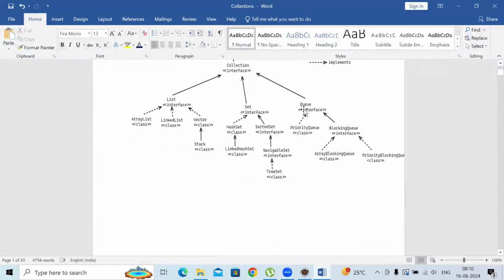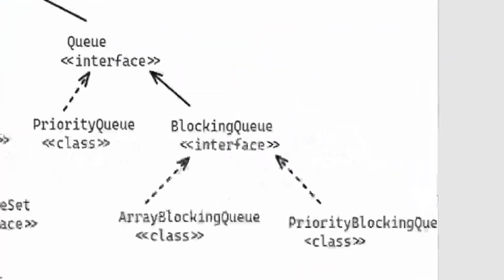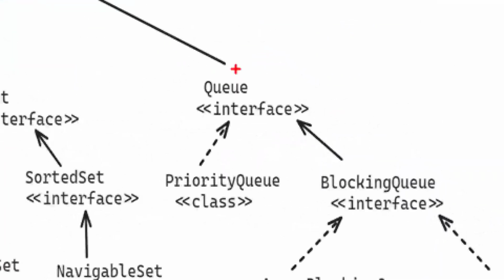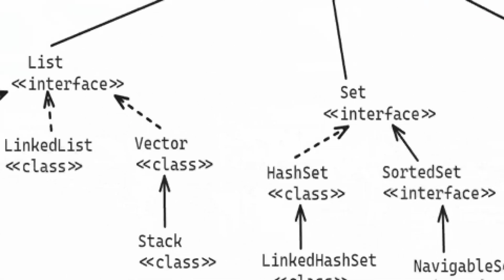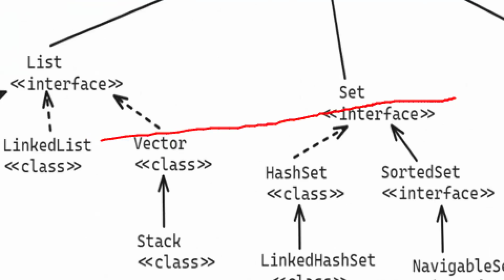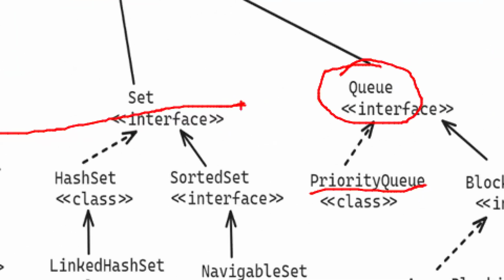If you look at the diagram, this is the interface we are discussing now, Queue. The implementation class name is PriorityQueue, correct? But actually, this LinkedList class also implements this queue interface.